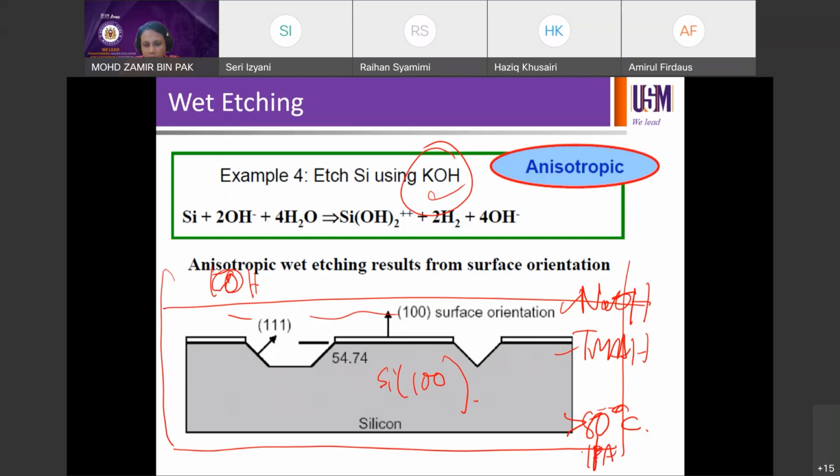Isopropyl alcohol or other additive can also be added. So what it will do is it will etch 100 plane way faster than 111 plane.